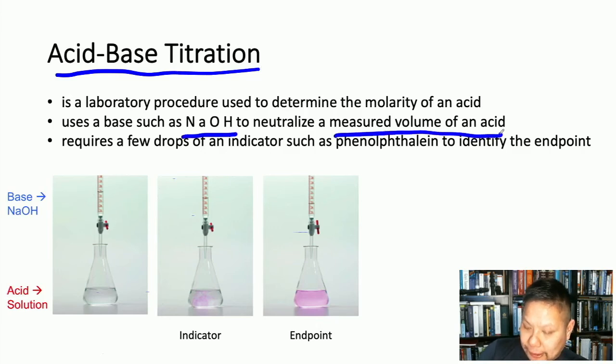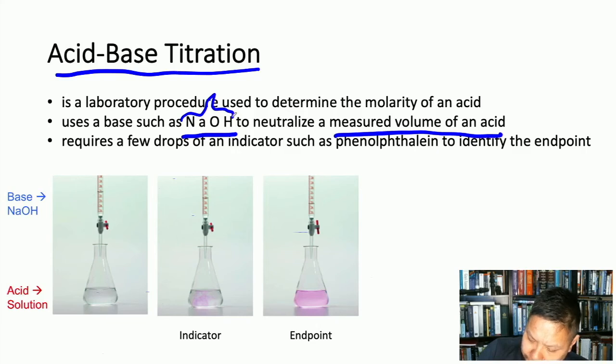The reason we're able to figure out the concentration of the acid from the sodium hydroxide concentration is because we can actually measure out how much sodium hydroxide, the solid, we dissolved into the water. Which is pretty cool.